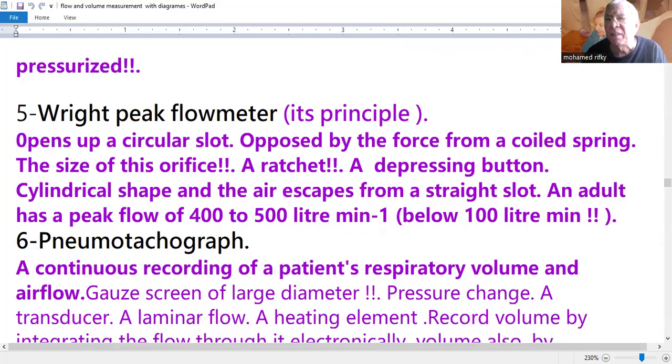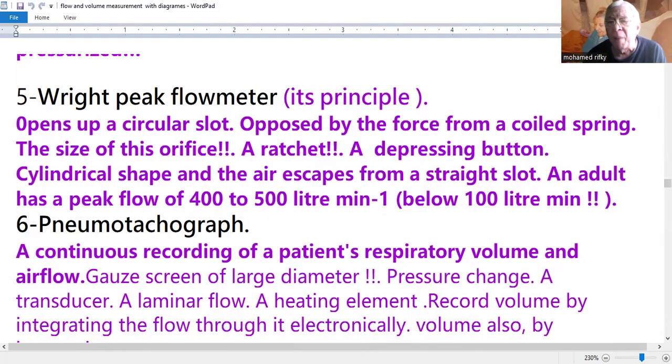This is why we call it a constant pressure variable orifice, because the orifice is being increased whenever the vane rotates. And of course, its pressure is maintained by this spring. You may be asked what is the normal peak flow of an adult. You can see from the figure what's the normal and what is the abnormal.